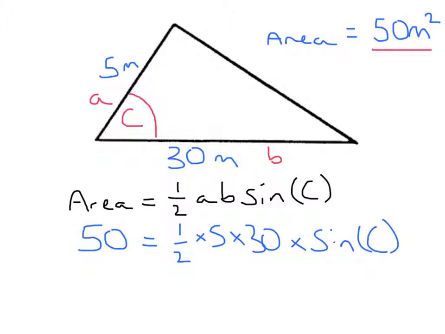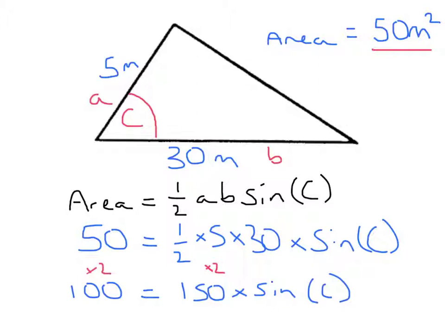So now we can do a bit of rearranging. So we want to get rid of this half first of all, so we times both sides by 2. So we'll get 100 equals 5 times 30 is 150 times sine C.